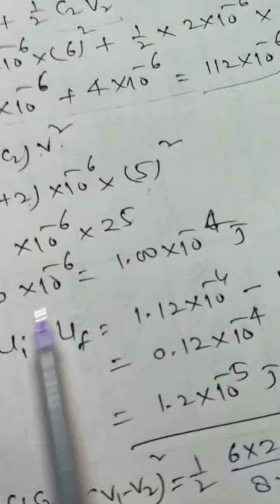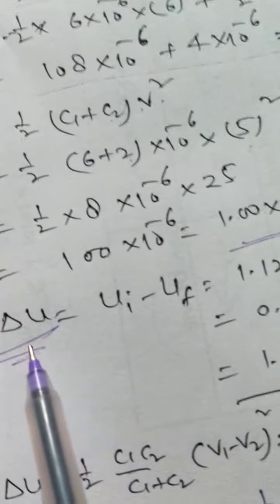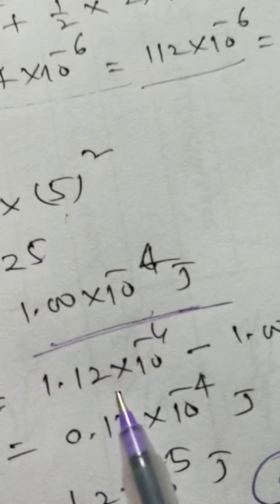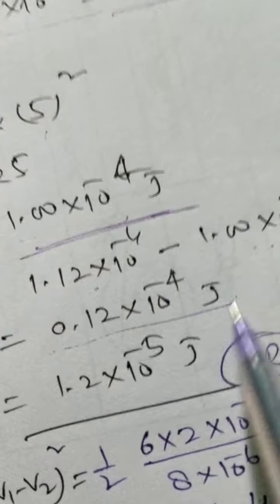Solved, this answer is 1.00 into 10 to the power minus 4. Now total energy loss delta U is equal to Ui minus Uf: 1.12 into 10 to the power minus 4 minus 1.00 into this. Your value will be 0.12 into 10 to the power minus 4 joule, or 1.2 into 10 to the power minus 5 joule.